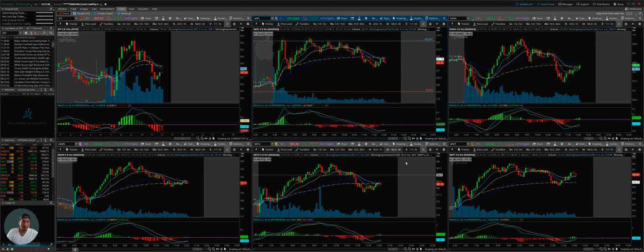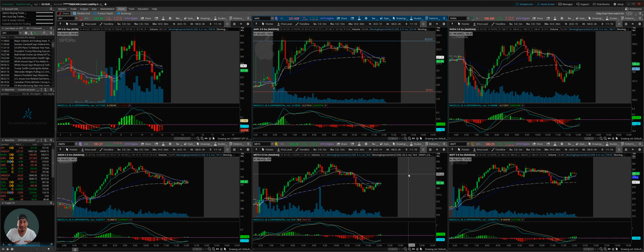What I'm looking for is if I can see that all these stocks are going in the same direction and they're above resistance, above my EMAs. I catch that momentum. That's what I do. I catch the momentum and I ride it. Whether it's going up, and then I'll get in a long position, a call position, or whether it's going down, I'll get in a short position, a put position.